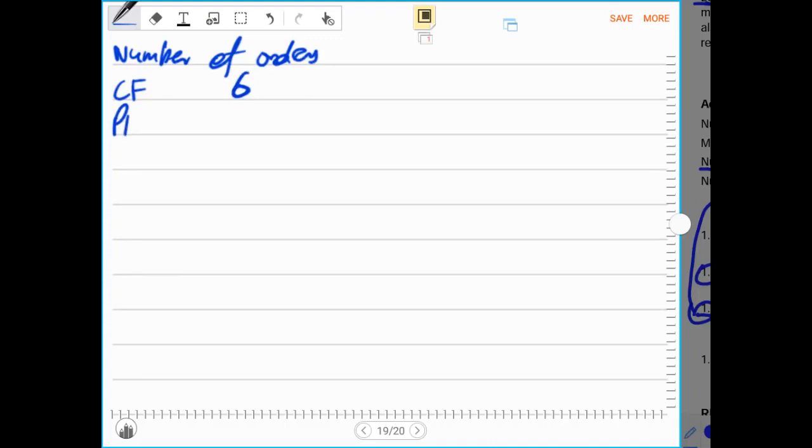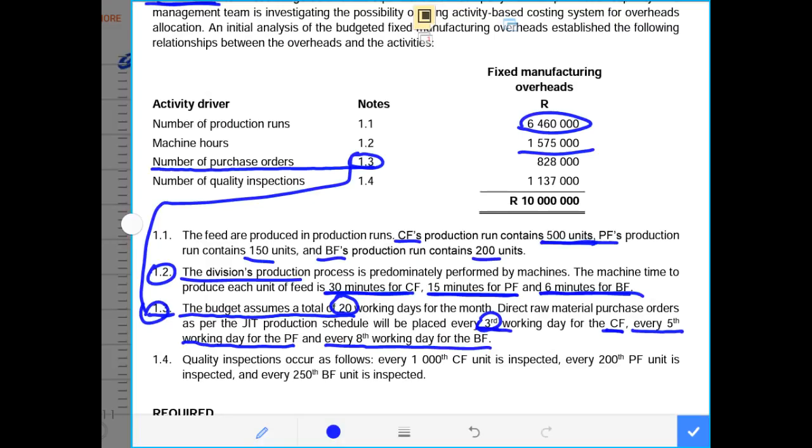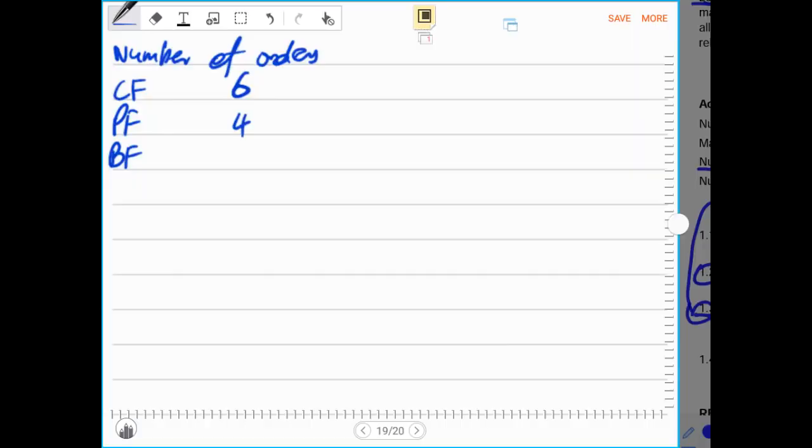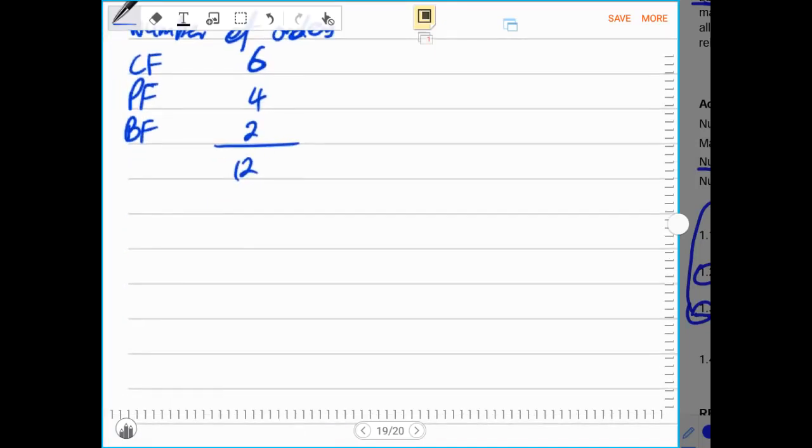For product PF, they said 5 times, it will be 5, 10, 15, 20, 4 times. Then for product BF, 8, 16, that means it will be 2 times. We don't take the remainder because we only order on the 8th day. So it will be 6, 4, 2. So now the number of orders will be a total of 12 orders.